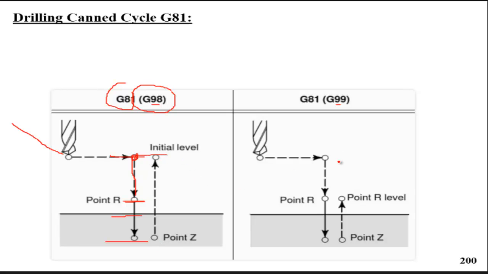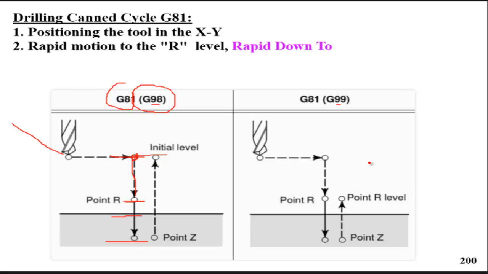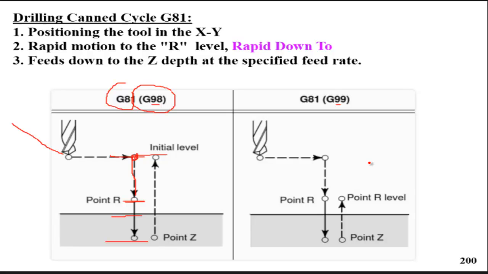This is the same, the only difference is that instead of G98, we use G99. In that case, the retraction will be to the R level, not to the initial level. So this is the sequence of the drilling cycle as we explained, the different steps of the G81 canned cycle.